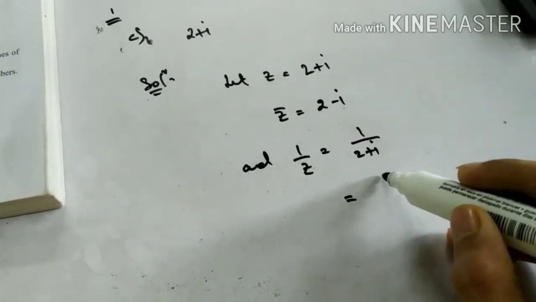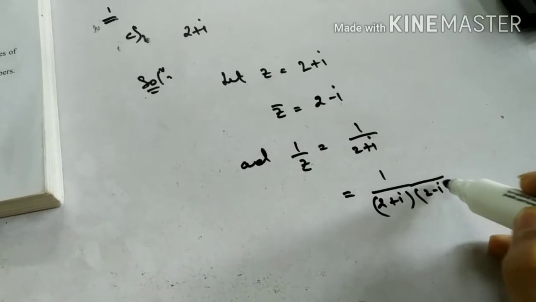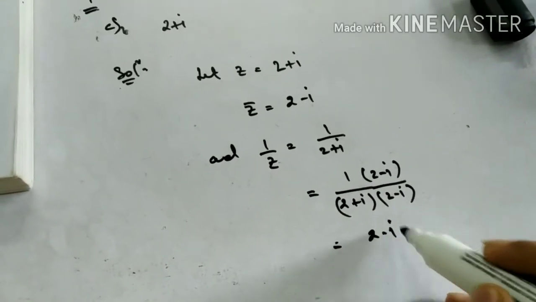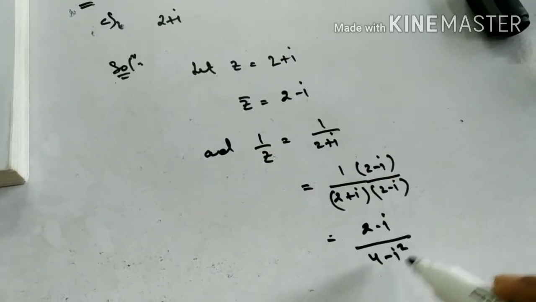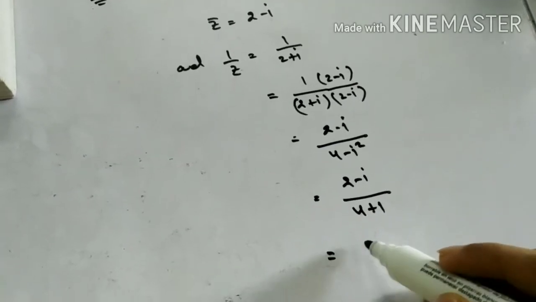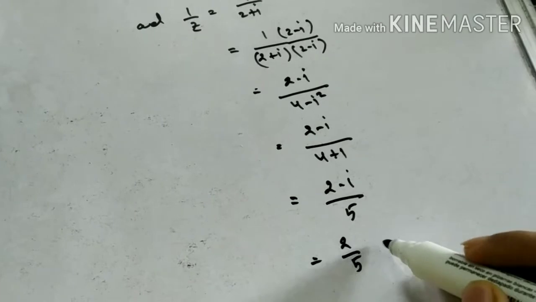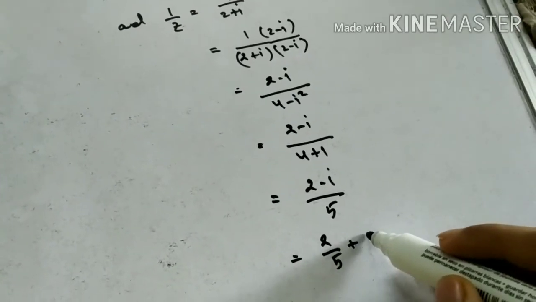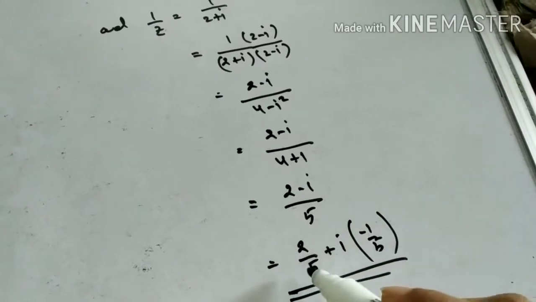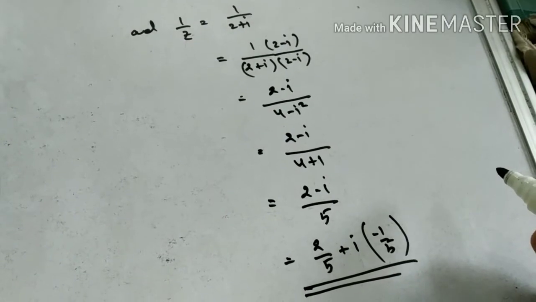So multiplying by 2 minus i, (2 minus i) by (4 minus i square), (2 minus i) by (4 plus 1), (2 minus i) by 5, 2 by 5 plus i into minus 1 by 5, a plus ib form. Okay.